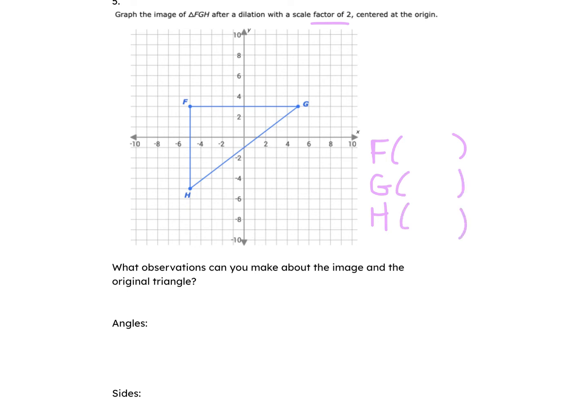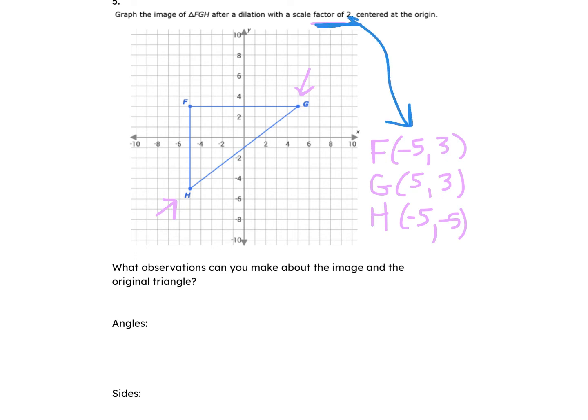So F is currently sitting at -5 and +3. The letter G here is sitting at +5, +3. And H is at -5, -5.